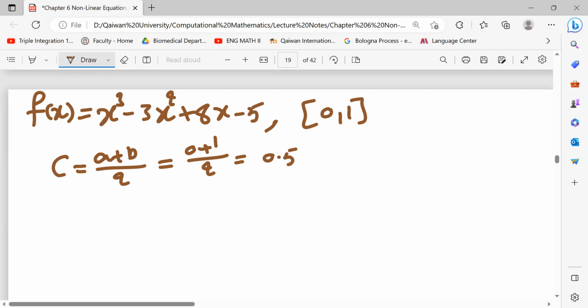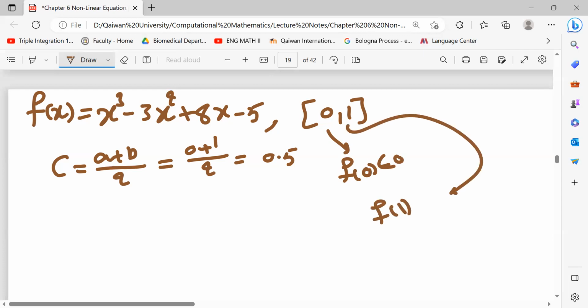Now, let's find the new interval. But here, we already found that f of 0 is negative, and f of 1 is positive. How to find the new interval?